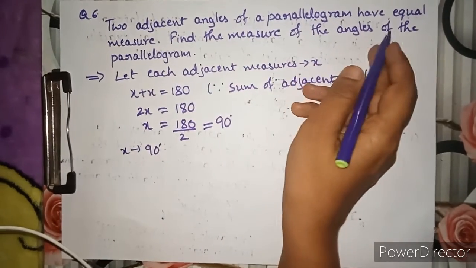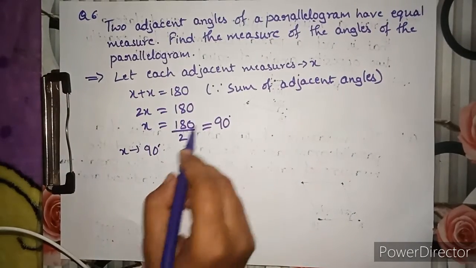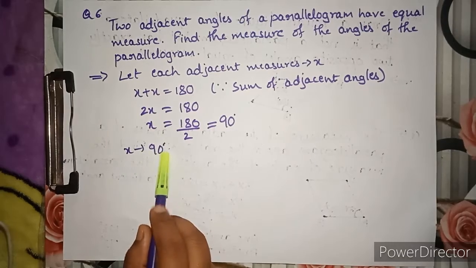Find the measure of the angles of the parallelogram. Okay. Each adjacent angle measures 90 degrees.